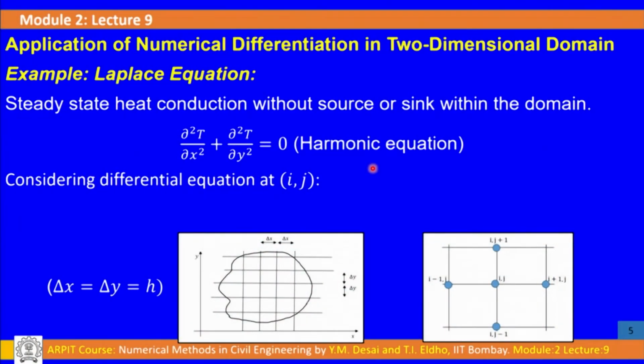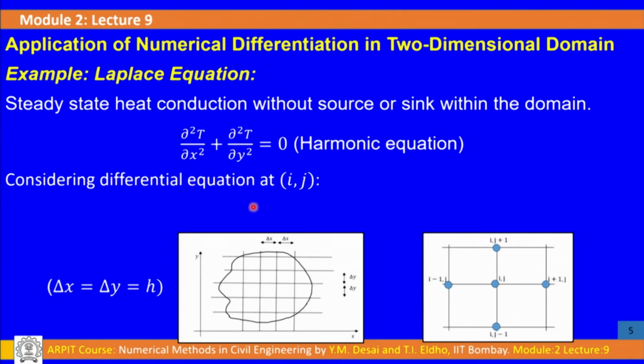If we apply this Laplace equation at point i, j in the domain as shown here, and consider a uniform step length h in both the x and y direction, we can express del square T by del x square using a central divided difference expression.